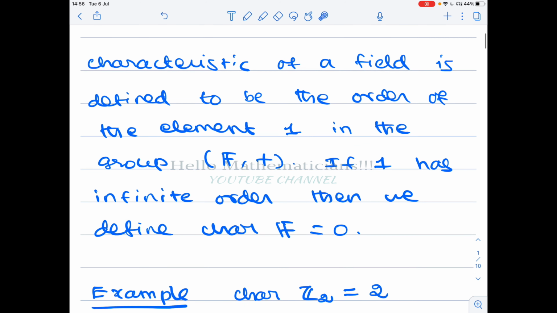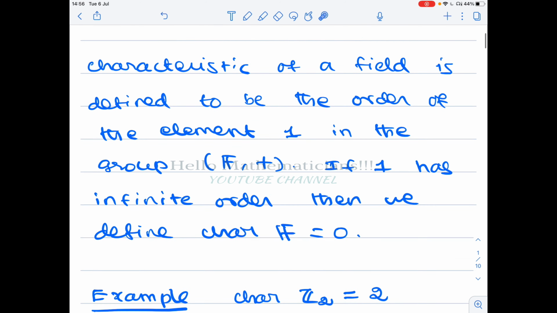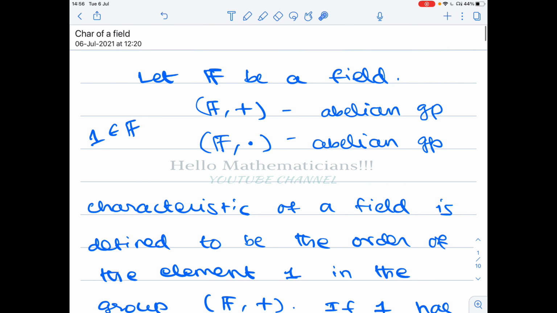Order of 1 can be finite or infinite. If we consider a group and an element of the group, its order can either be finite or infinite. Accordingly, we define the characteristic. So the characteristic of a field means the order of the element 1.